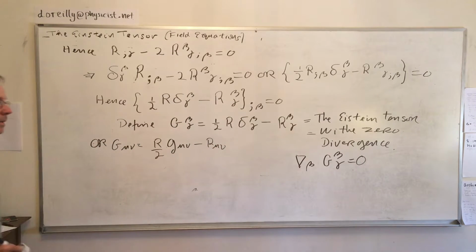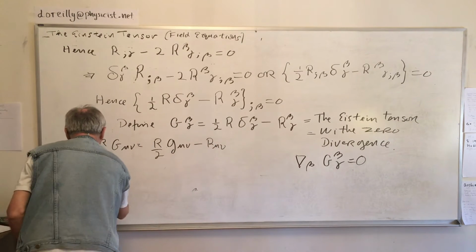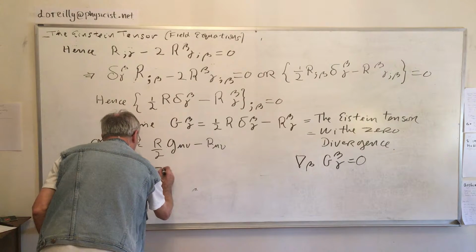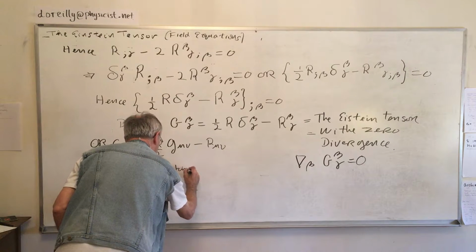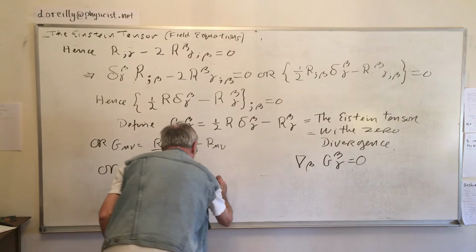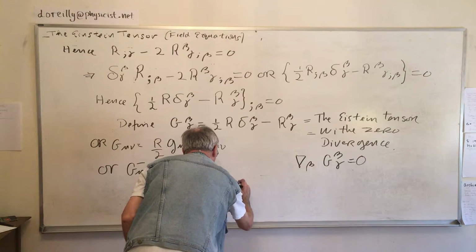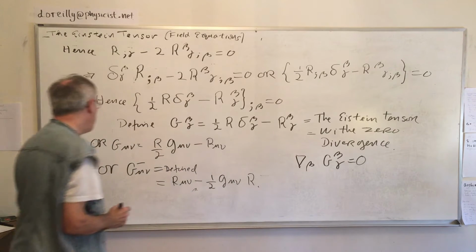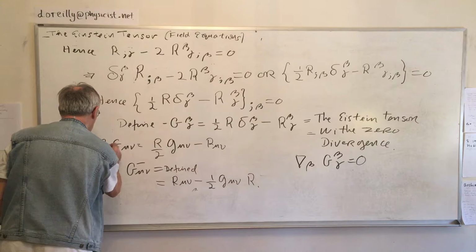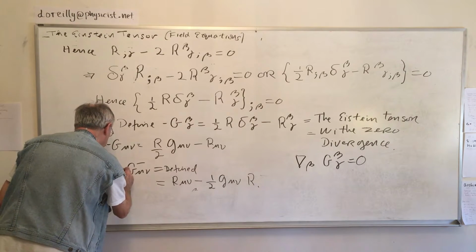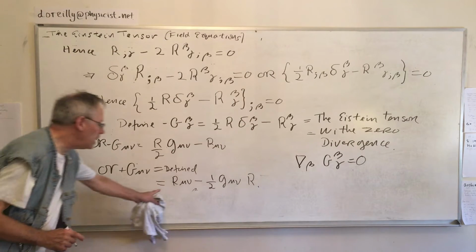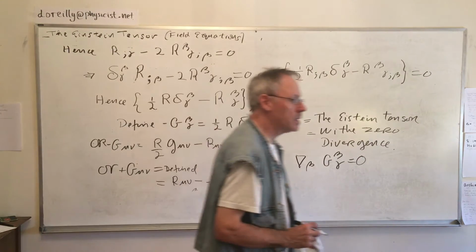That's another way of writing the same tensor. Or we could write it like this. Actually, I think I'll define it that way. So we'll say this is negative, and this is negative. So this is the positive. Right, this is the Einstein tensor that you see if you open a textbook. That's the way it usually looks.